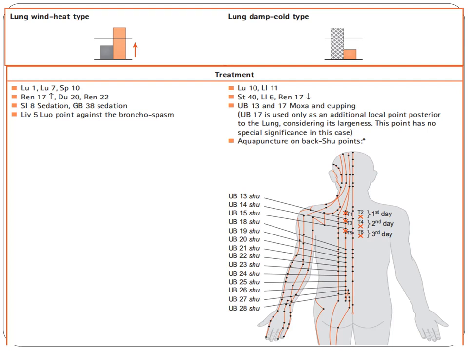This point has no special significance in this case. Then we do acupuncture on the Back Shu points. So we have the corresponding points that we shall needle for the first day, the second day, and the third day.